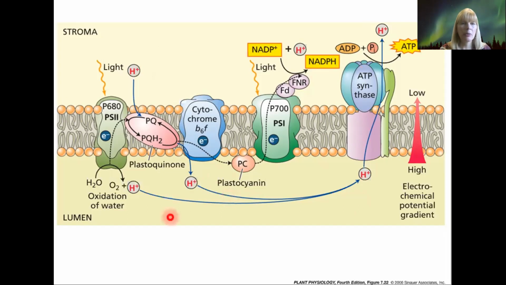And then the other way we get more protons showing up in the lumen is when water is getting stripped of electrons, because if you take electrons away from hydrogen, you're left with protons. So now you see this buildup of protons in the lumen, and you now have this proton gradient that's getting established.